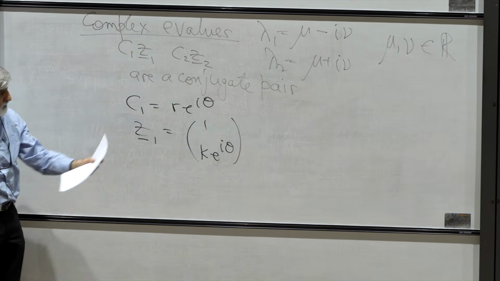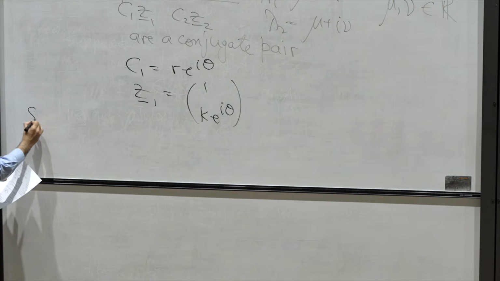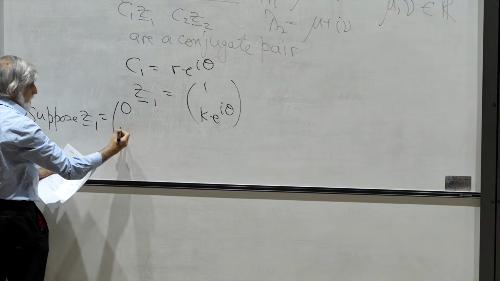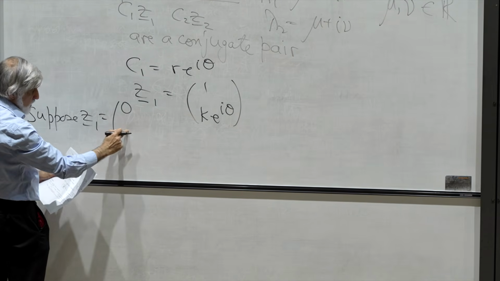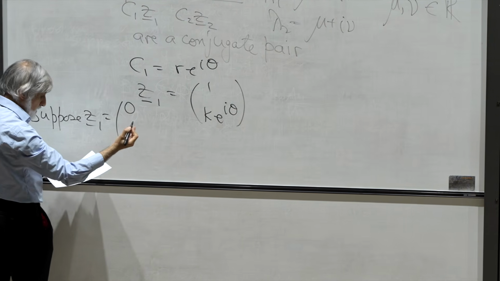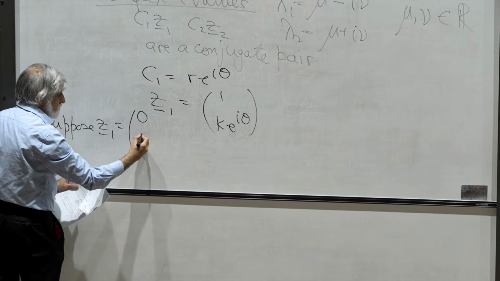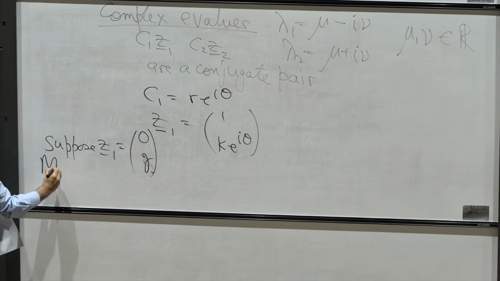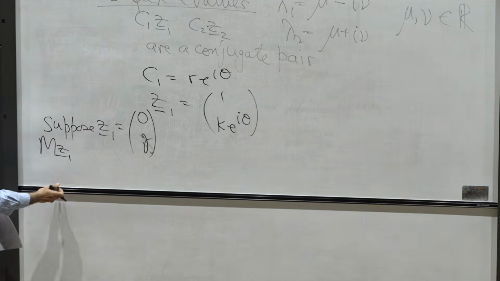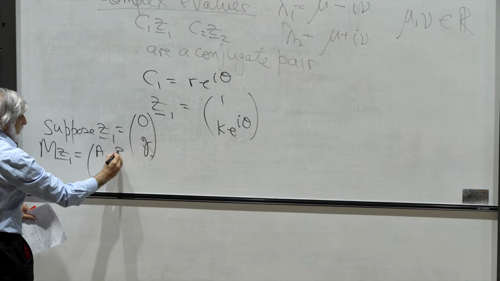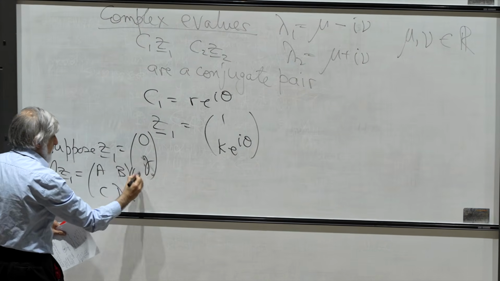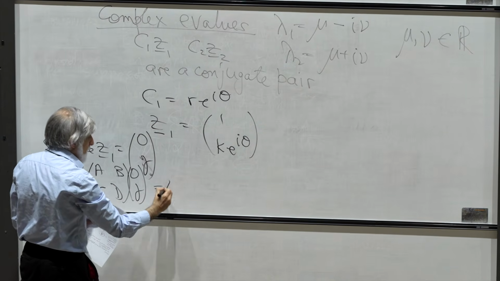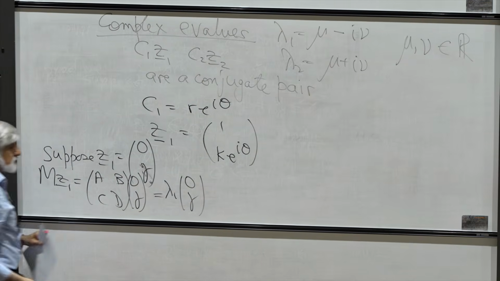But if that was 0, well, suppose it was 0. Instead it was 0 times something, which has to be non-zero here. Call it gamma or something. Then look at M Z1. That'll be A, B, C, D times 0, gamma. And that would have to equal lambda 1 times 0, gamma.